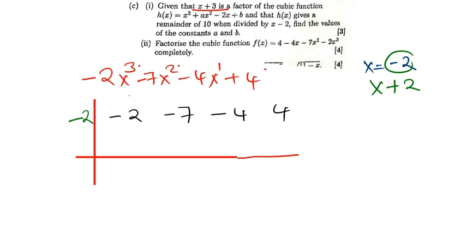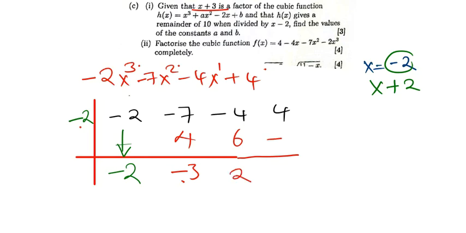Okay, so first step, drop the first coefficient. Now we'll be multiplying with our factor, -2 times -2 will be a 4. -7 plus 4 is a -3. That would be -2 by -3. That will give us a +6. That's a +2.